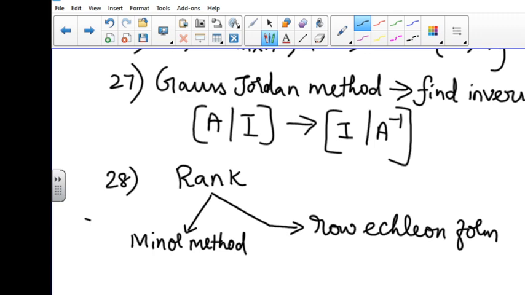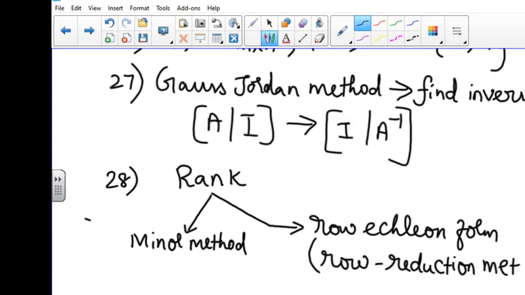So rank can be found by the minor method and the row echelon form method. This is the row reduction method.